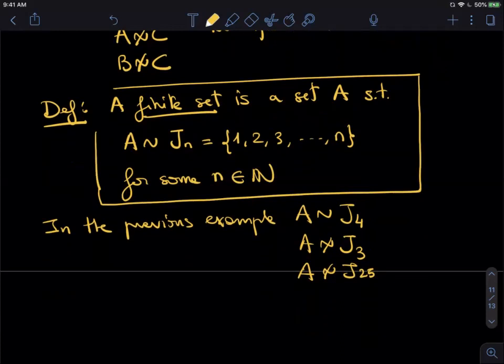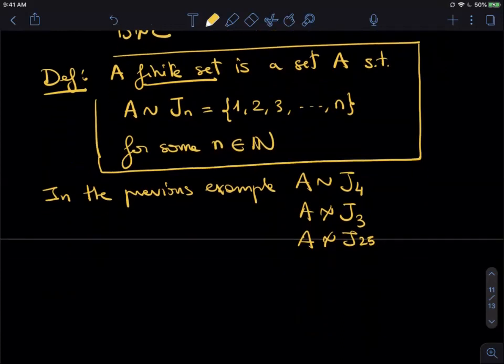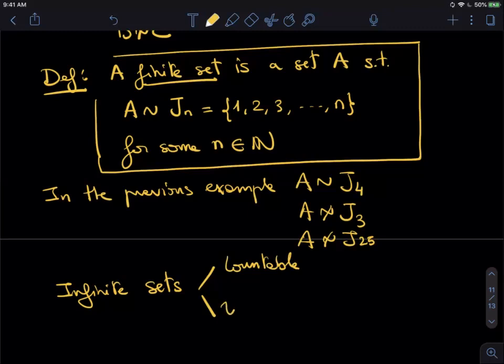Now, speaking of infinite sets, infinite sets are of two types. Infinite sets are sets that are not finite, but there are two types of these: the ones that are countable and the ones that are uncountable. What does this mean?